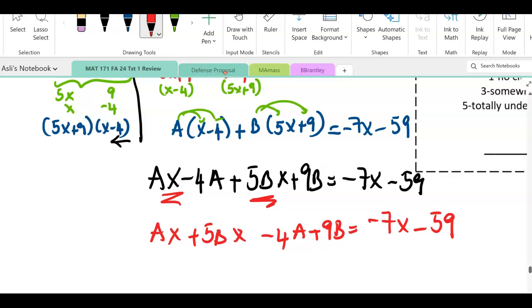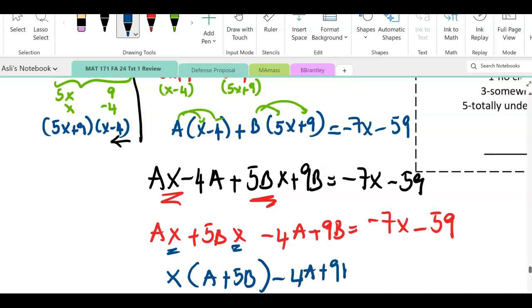Okay, so here we have x terms. So let's take x parentheses. That will be a plus 5b. That will be negative 4a minus 9b equals negative 7x minus 59.